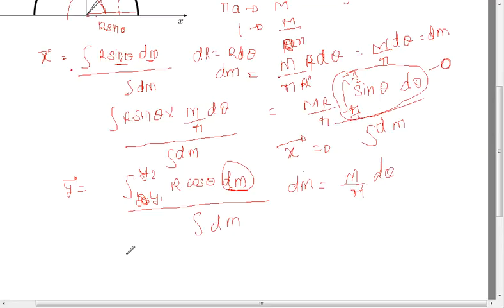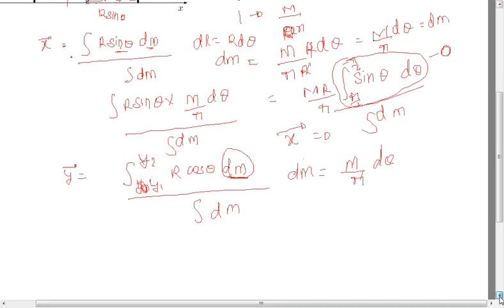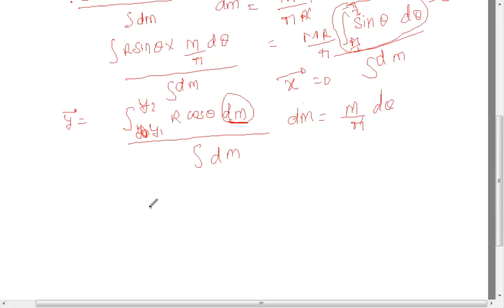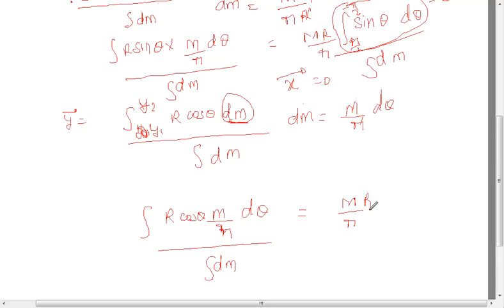So let's put it down: r cos theta times m by pi d theta, divided by the integration of dm. If you look at this carefully, this becomes m by pi times r by m, and this will become cos theta d theta. Guys, now we have to put the limit.